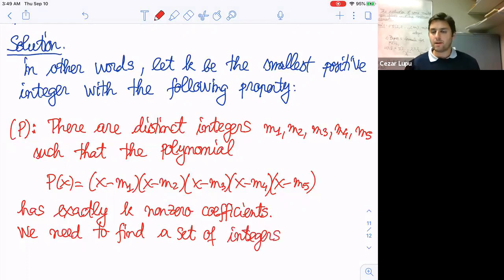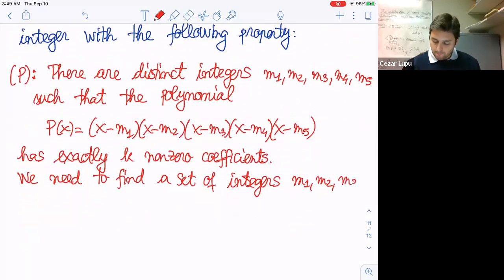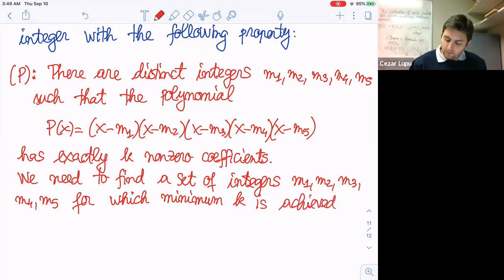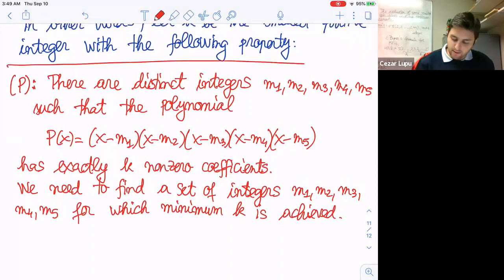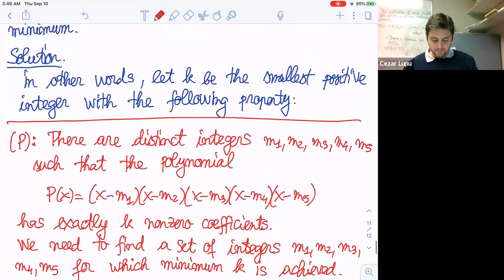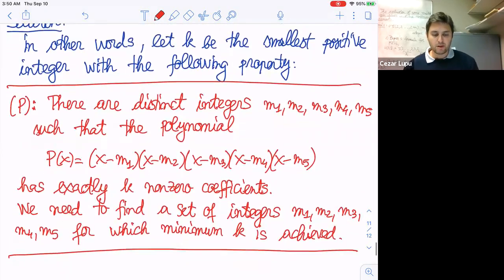And let's just say M1, M2, M3, M4, and M5, for which the minimum k is achieved. That's what we need to find. So that's the translation of the problem. Let's look at it. Basically, you see, it's the same thing. So that's what we need to do.